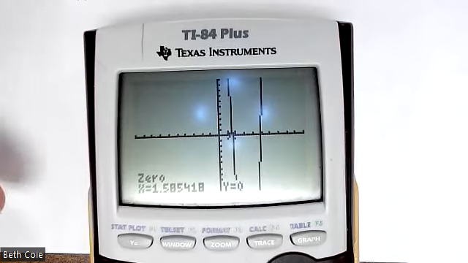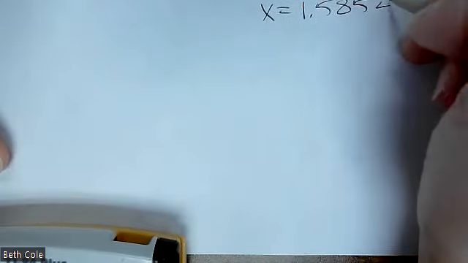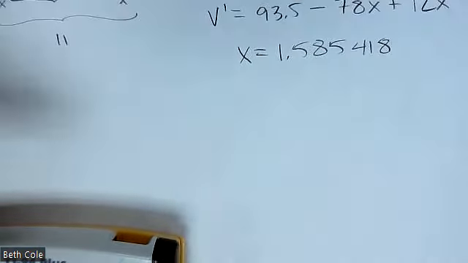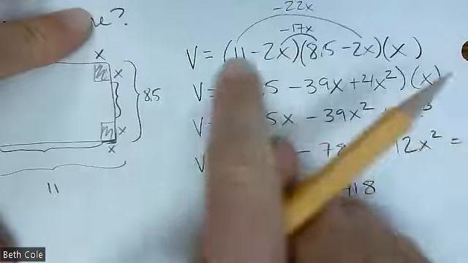Why would you need them all? It's not your answer. You're not done yet. You still need to reuse that. 1.585418. What are we looking for? Since that's not the final answer, what do I need to do with that? You plug it back into the original one.